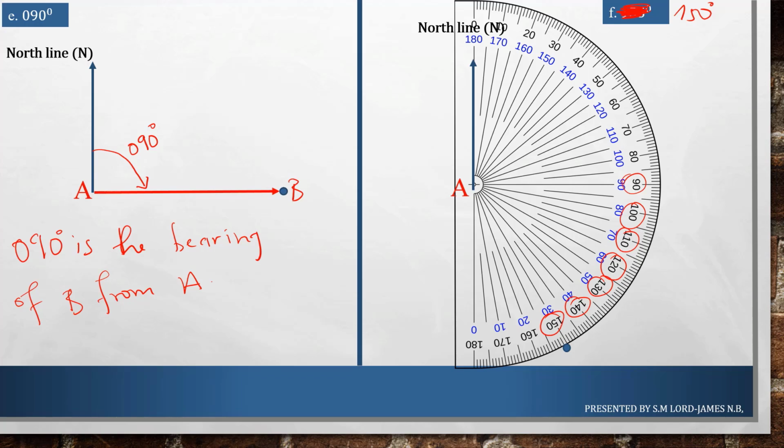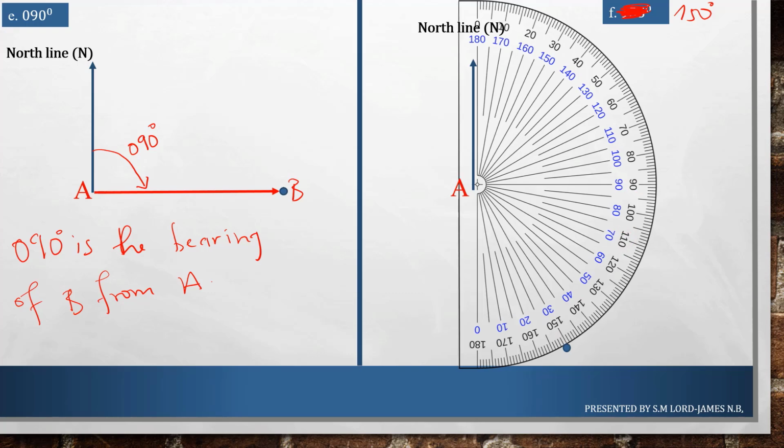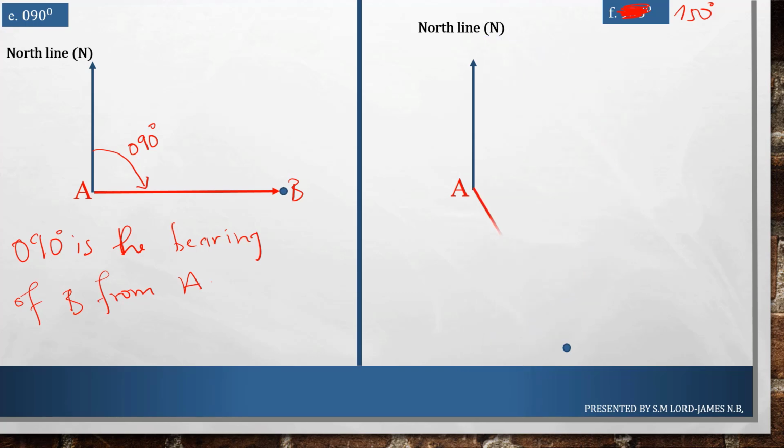Now when the point is marked, we remove our protractor and then we link. So the measure of this angle is 150 degrees.